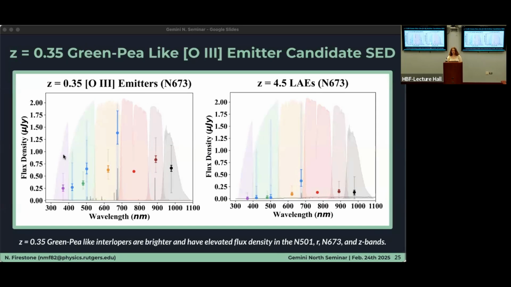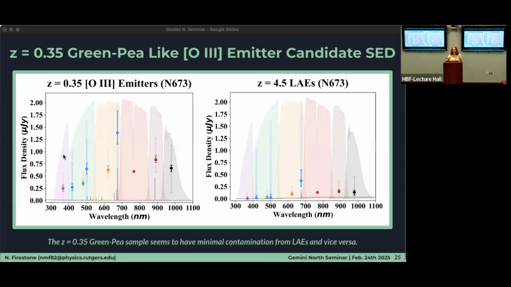They have elevated flux density in the N501, R, N673, and Z bands, which correspond to the O2, H beta, O3, O3, and H alpha emission line features. And our green pea SED doesn't seem to have a Lyman alpha forest decrement or the Lyman limit that we see in the LAE SED.